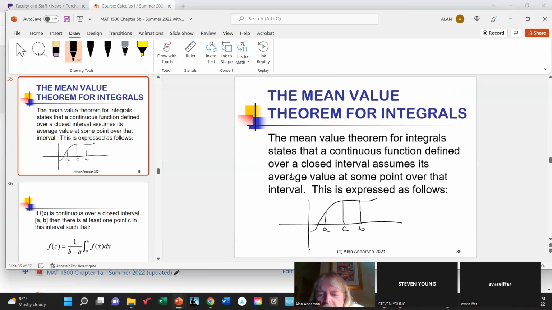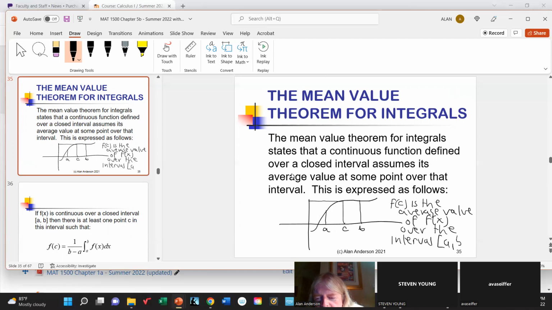This is point C. So the idea here is that f of C is the average value of f of x over the interval from A to B. You can't tell from looking at this particular graph, but what it's saying is that as long as the function is continuous, there has to be a point somewhere in that interval where the function reaches its average value. It's in there somewhere. Okay, and we can find it.